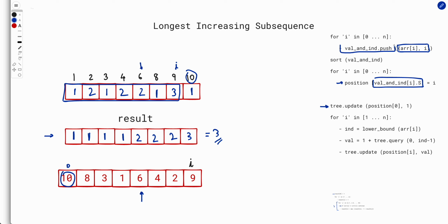Now notice that I haven't actually looked at the position array. If you can say that okay, 0 can map to this particular index, why are we doing lower bound? Why not just look at the position array and get that okay, 7 is the index that I want? The reason being, if there are repetitions, let's say there are more than one tens, so this can be 10, this can be 10.